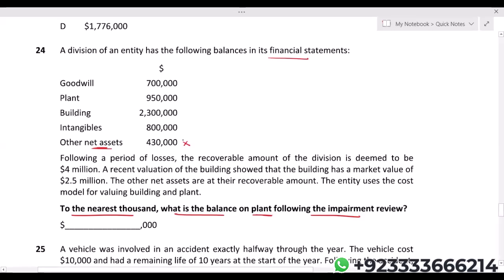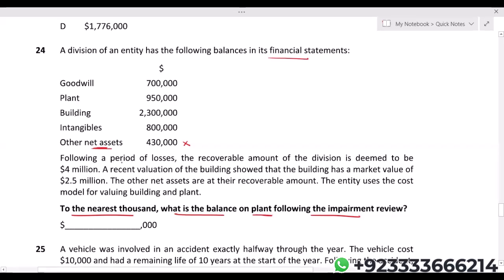Under IAS 36, I cannot allocate any impairment loss to debtors or stock. They do not fall in the scope of IAS 36. In a cash generating unit, we normally allocate the impairment loss first to goodwill, then to the remaining assets that fall in the scope of IAS 36.